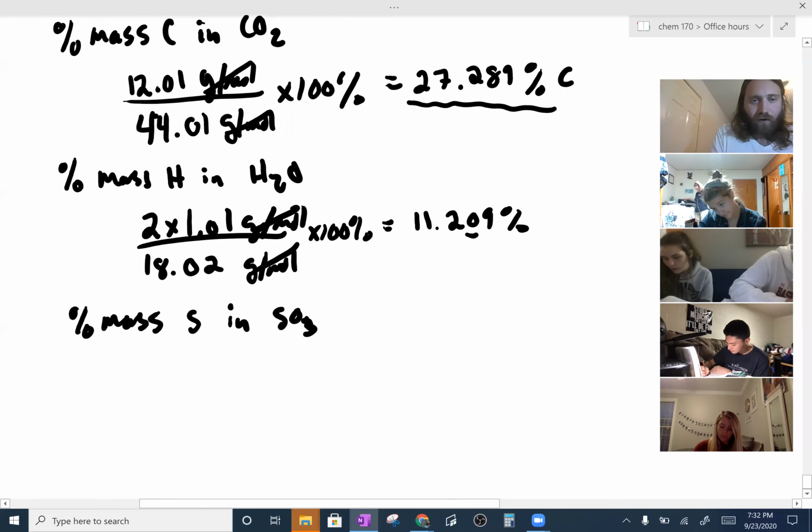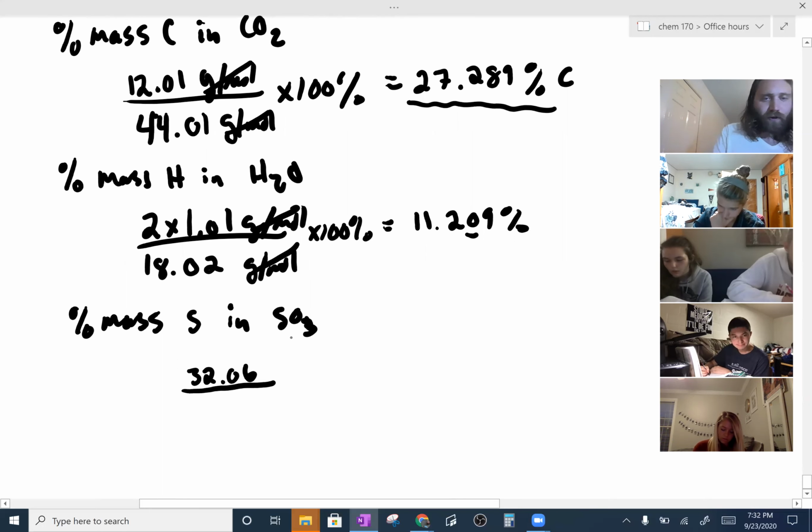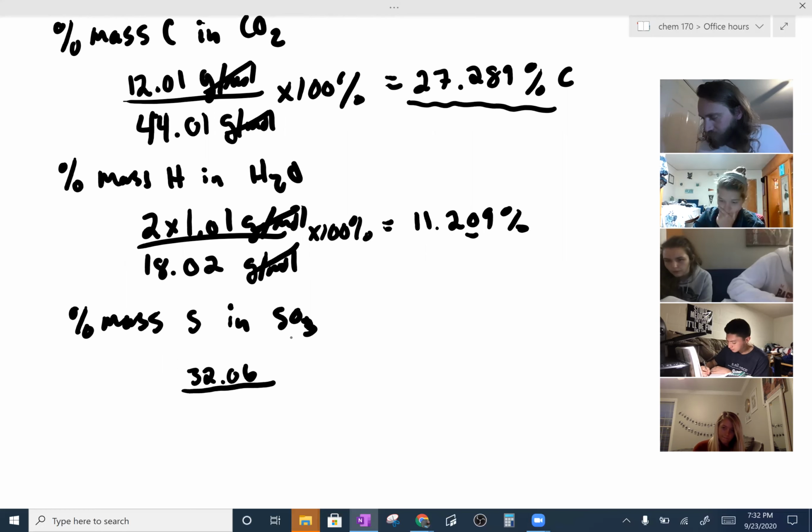There's one sulfur in SO3, and sulfur is 32.06, divided by 32.06 plus 3 times 16, and that gives us 80.06.